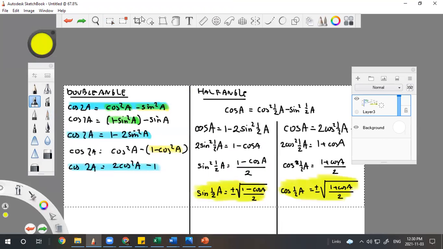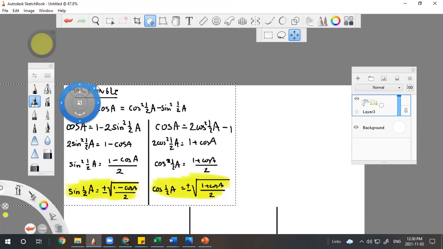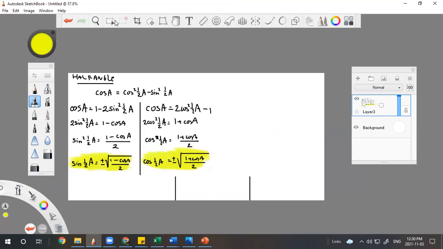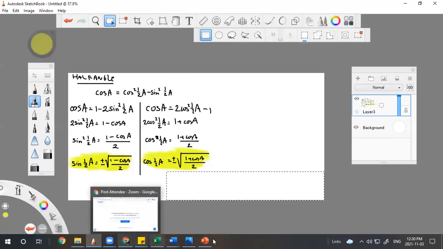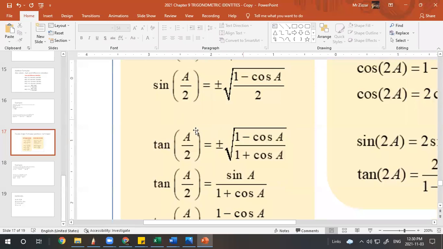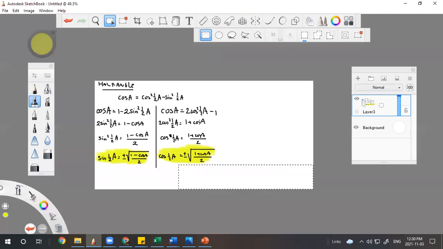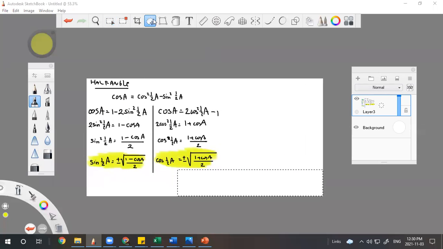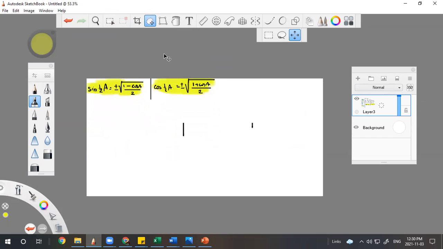Now, what happens with tan? How can tan of half angle be done? How can it be like this, guys? It's so complicated, but I will give you the idea of how to do it. We will derive this. I want to erase this also. I want to use only this part.